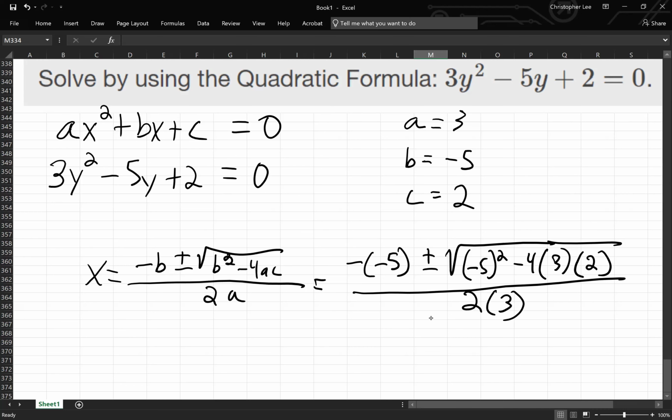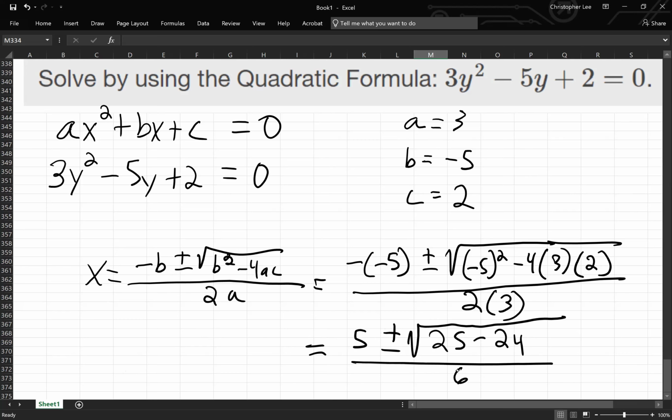A little bit of math. Let's see what we got. This is positive 5 plus or minus square root, and then we have 25 minus 24, I believe. All divided by 6.